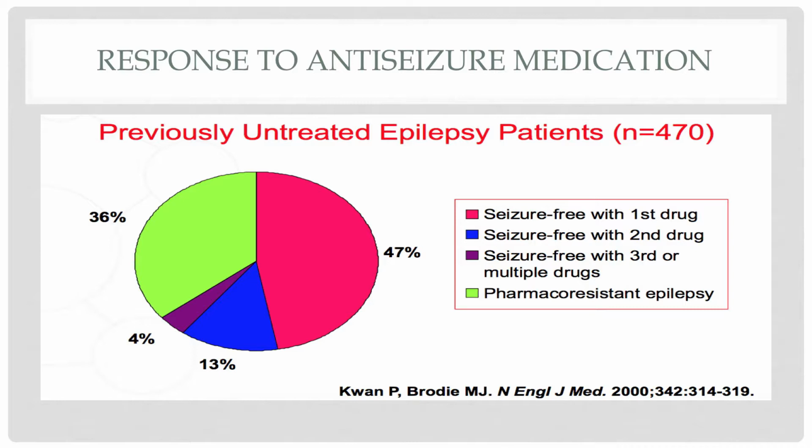That's the second agent. 13% achieved seizure freedom. And the rest, about 40%, had multiple agents added, and only 4% became seizure-free after that. So 36% of the patients were resistant to seizure medications.